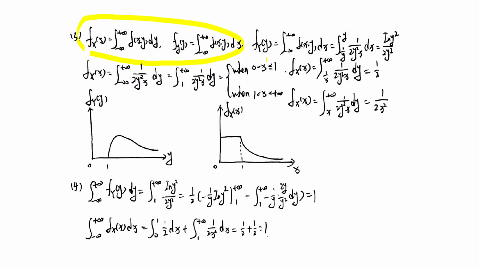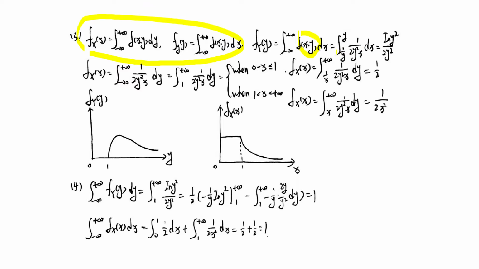First, let's calculate f(y) here. So we just need to integrate f(x,y) from negative infinity to positive infinity. But actually, the upper limit and lower limit are not negative infinity and positive infinity, and we need to write the upper and lower limits of this integration as functions of y here.